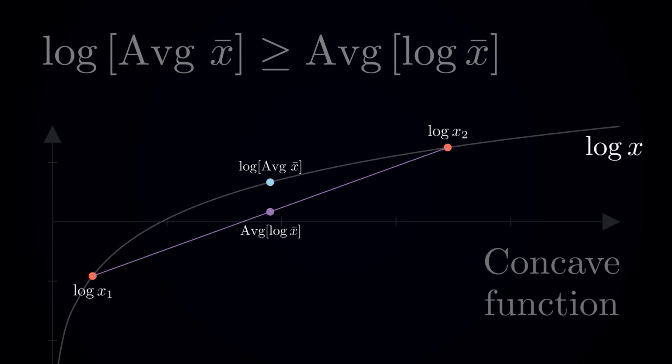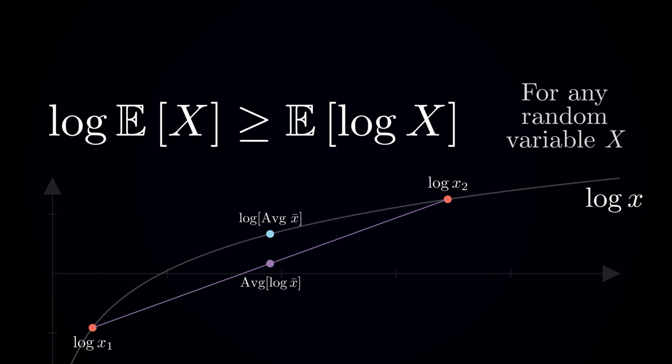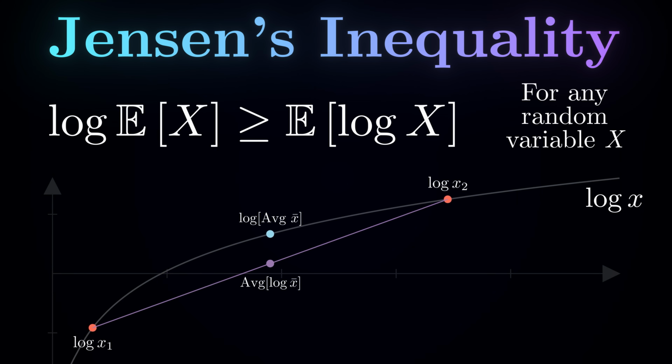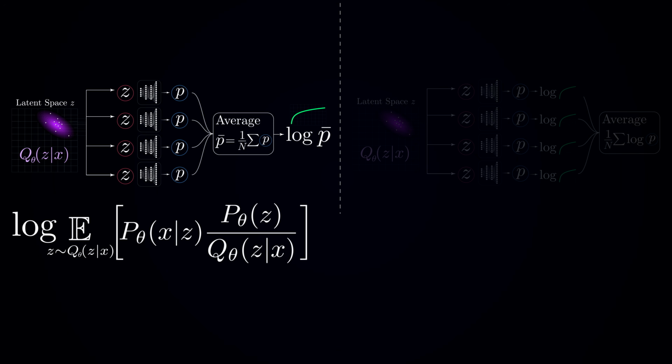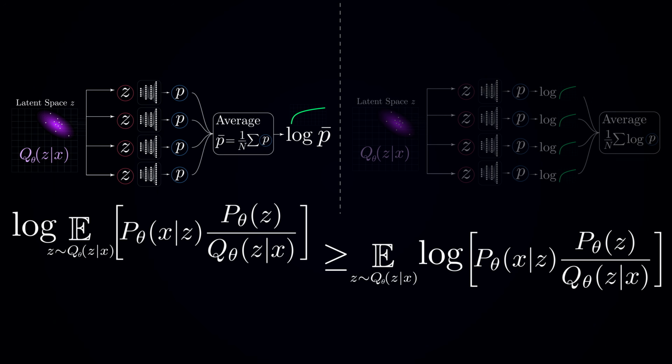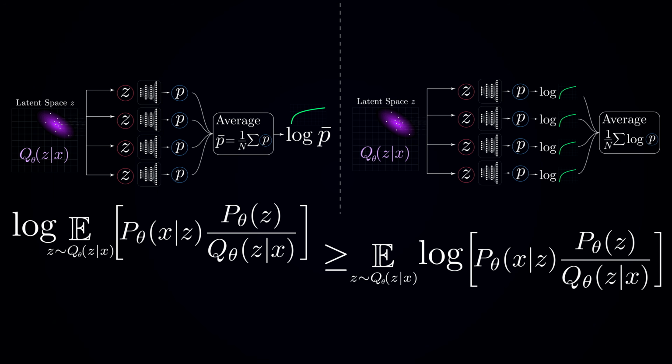This property generalizes to averages of any number of points through what's known as Jensen's inequality. It states that the logarithm of expectation is greater than or equal to the expectation of the logarithm. This means we can write down the inequality, that the log likelihood, which is what we aim to maximize, is always greater than or equal to what we would get by swapping the expectation in the log.